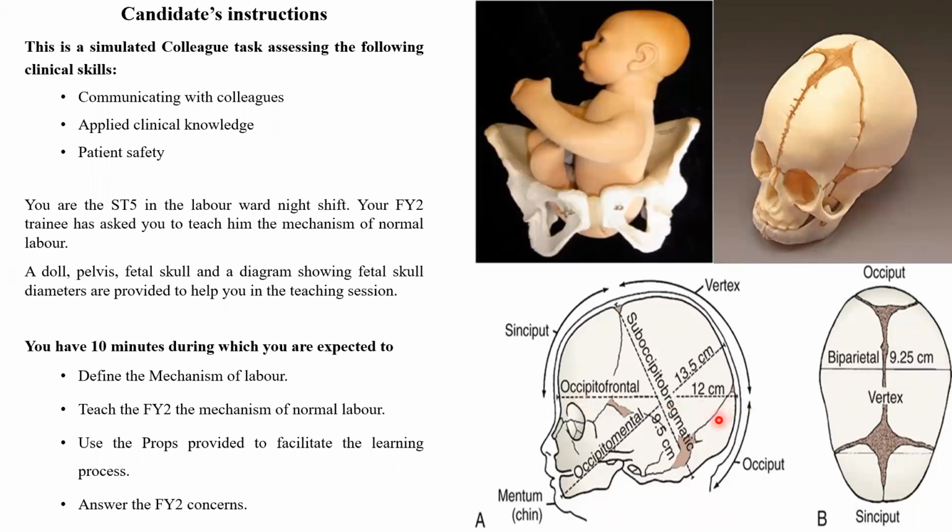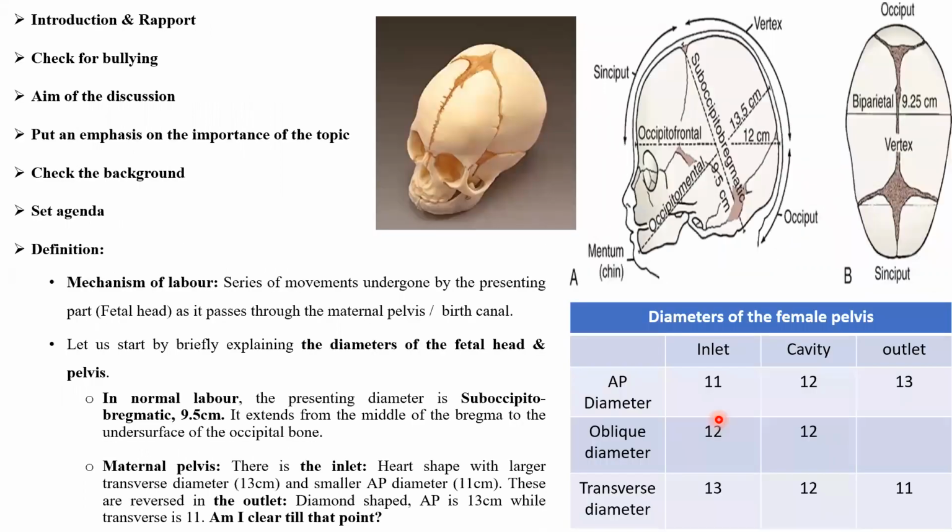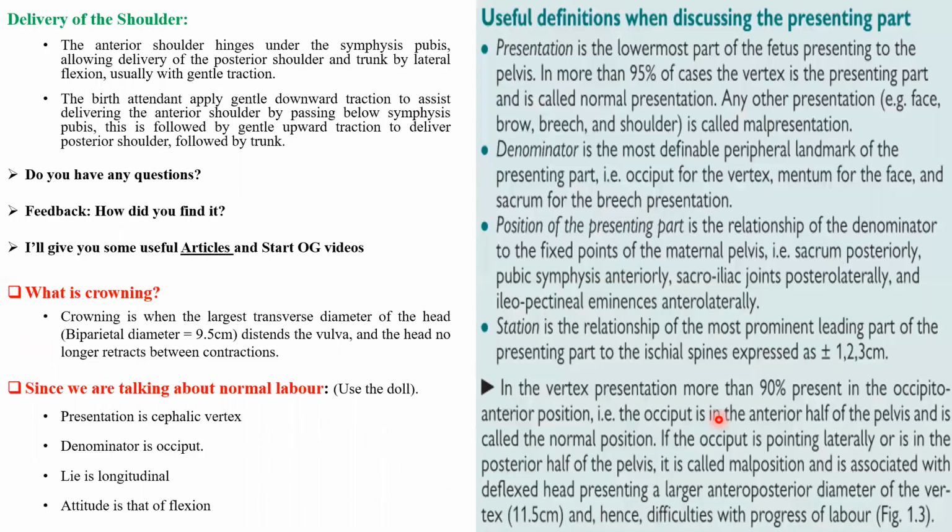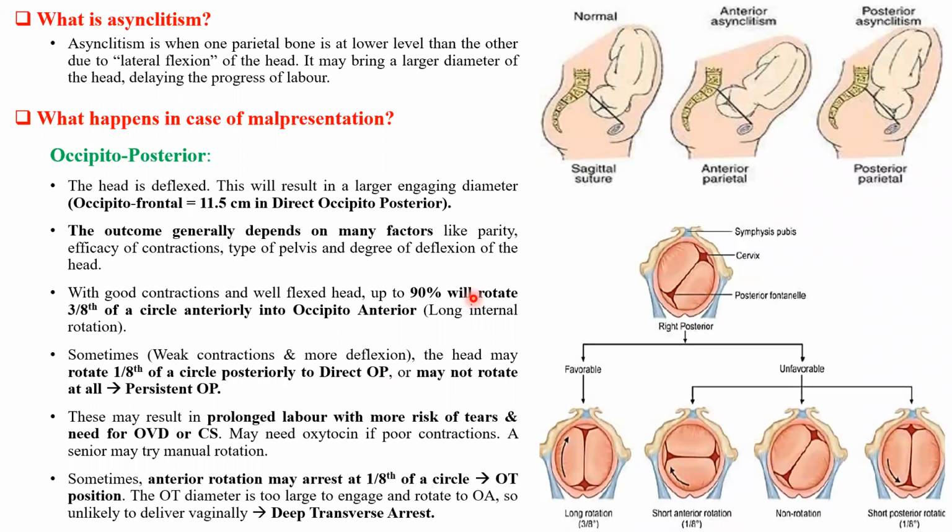So almost a 2.5 centimeter increase in the diameter. And this increase in the diameter will make labor prolonged, and it may increase the risk of tears and the risk for the need of operative vaginal delivery or cesarean section.